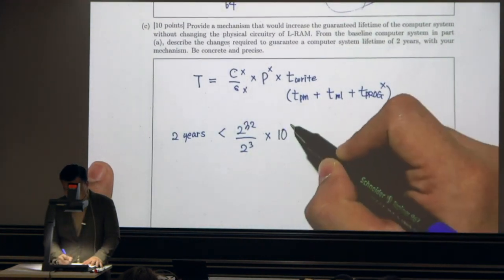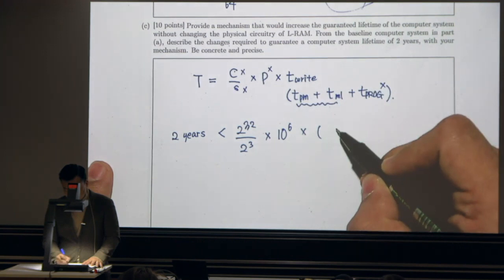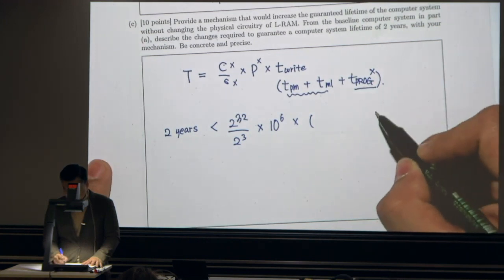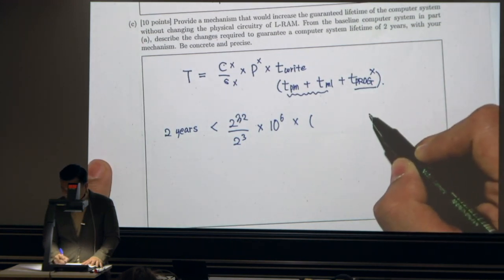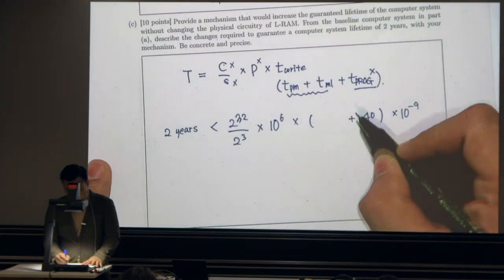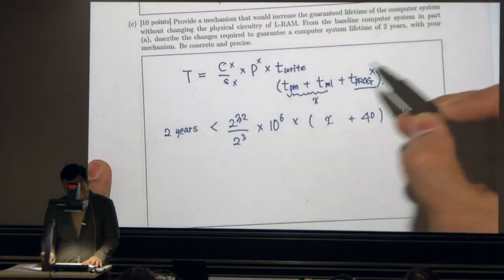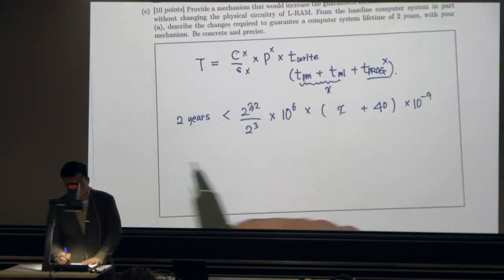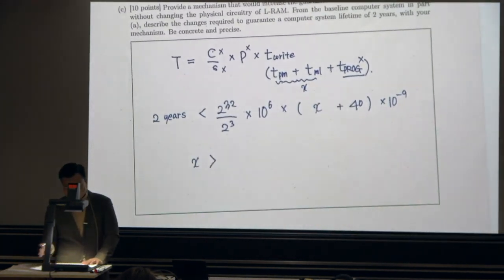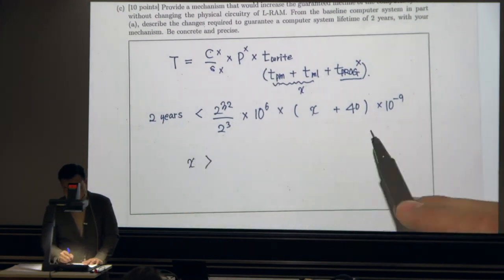Okay, and this is also not changed. For example, in this example, it was 40 nanosecond, and we can only change these two values, and I'll put this as X. We needed to increase this transfer time between the processor and the memory to satisfy this inequality.